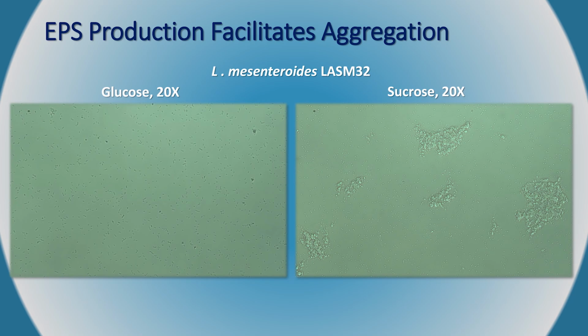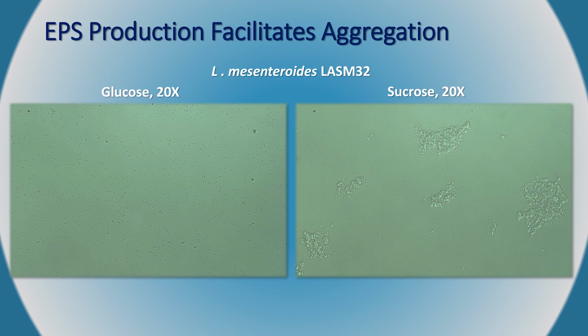And then also, we've noticed that with some of these isolates of Leuconostoc, EPS production seems to facilitate aggregation of the cells. So if we grow them just on glucose, I don't know how good a picture that is, you can see just these single-celled little bacilli floating around.